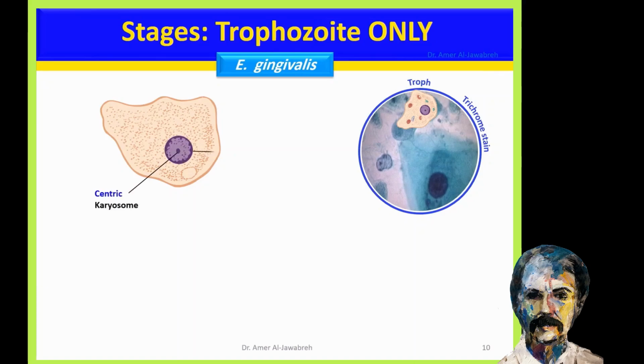This is the trophozoite. It has a centric karyosome. It has peripheral chromatin as the other Entamoeba species, and the chromatin distribution is even. And also, this is something which is peculiar about this. If you remember in the Entamoebas, we talked about one species which has red blood cells in the trophozoite.